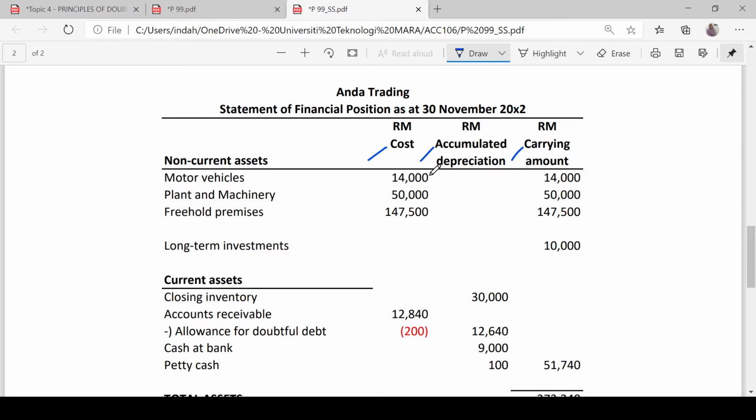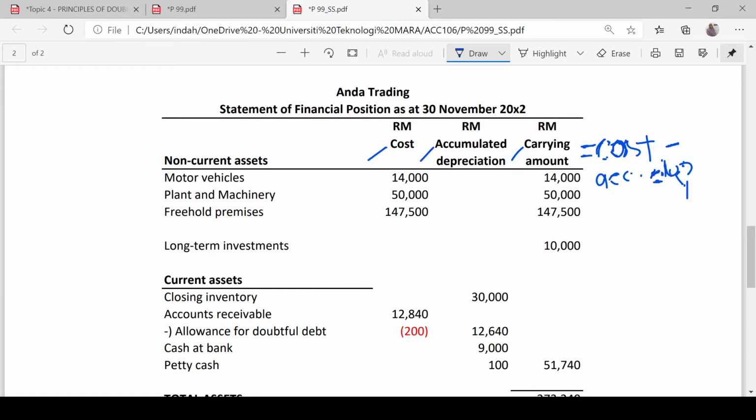If we have accumulated depreciation, then the carrying amount would be different, because the formula for carrying amount is cost minus accumulated depreciation.